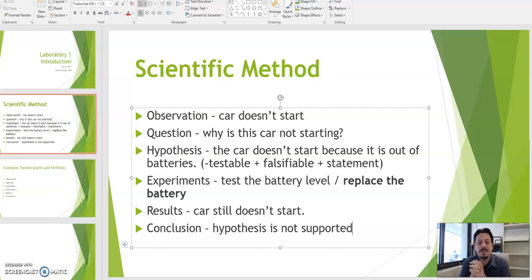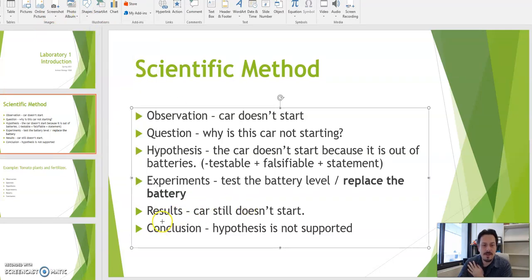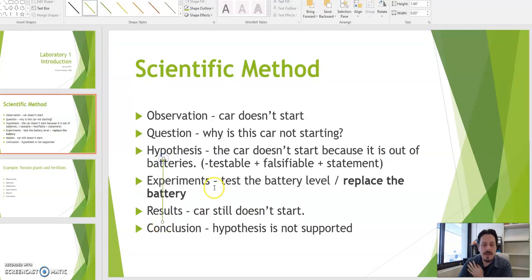And that's totally fine. This is the last part of the scientific method: you're going to get your conclusion, and you're going to go back and remake a hypothesis. So I'm just going to make this really thick. At the end of it, you're going to go back and restate your hypothesis. You might make a new hypothesis.